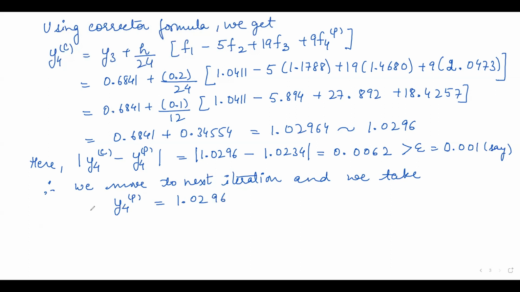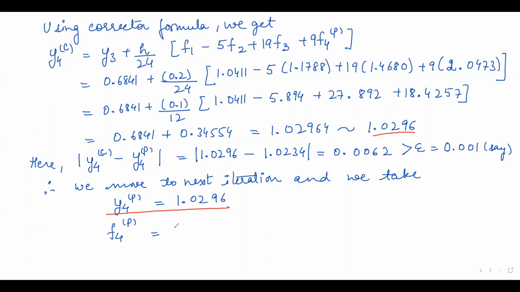So now no need to calculate predicted value again. And why is there no need? Because this becomes your next predicted value. So you could see this is our predicted value. Now I will calculate the f4 predicted value at this point.